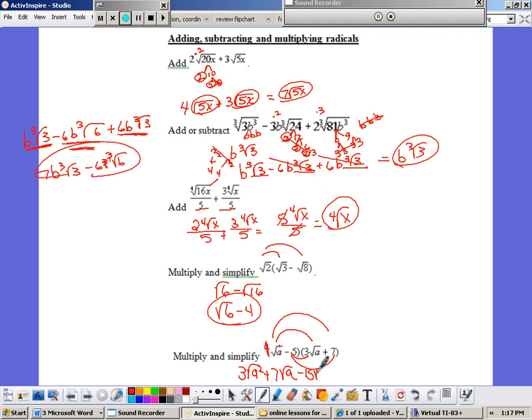Nothing times the square root of a is the square root of a. Negative 5 times 7 is negative 35. Now, the square root of a squared disappears. So I have 3a. 7a minus 15a is negative 18 square root of a minus 35. None of these can go together, so I'm finished at this point.